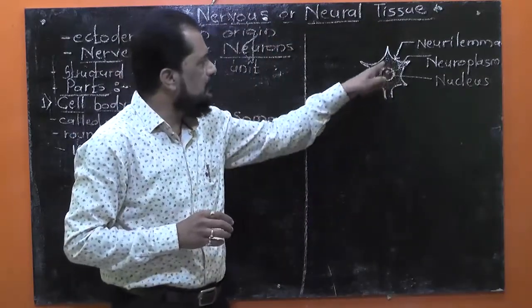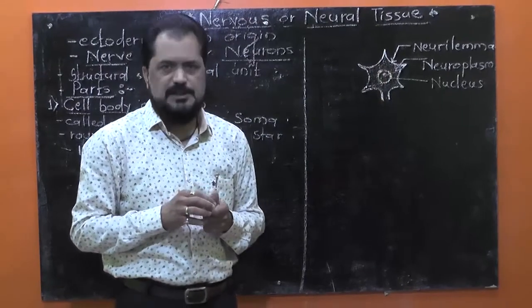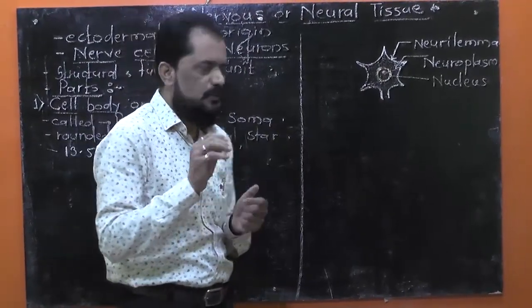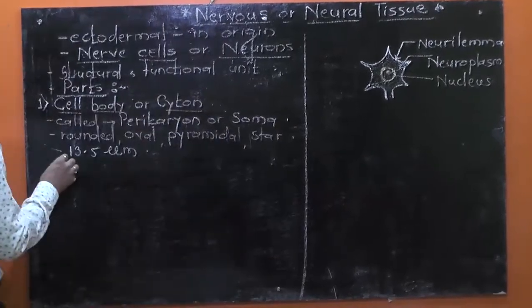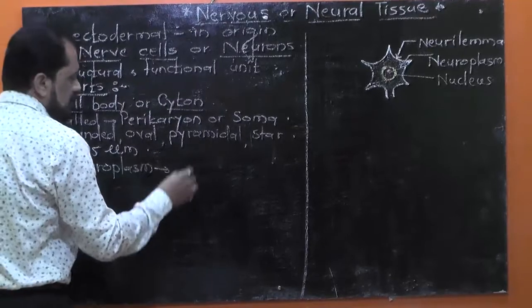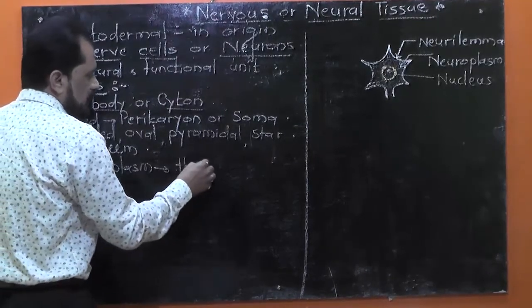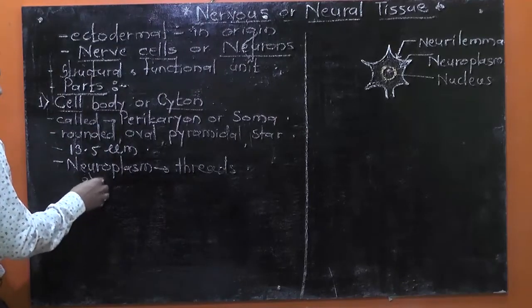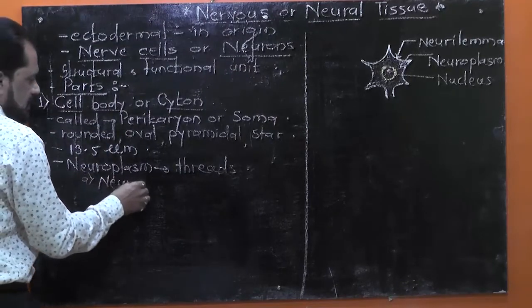या न्यूरोप्लाझम मध्ये पेशीद्रव्यामध्ये काही थ्रेड्स असतात, such as the neurofibrils and neurotubules. Let me tell you, the neuroplasm consists of certain threads. न्यूरोप्लाझम मध्ये काही तंतू असतात दोन प्रकारचे, neurofibrils.